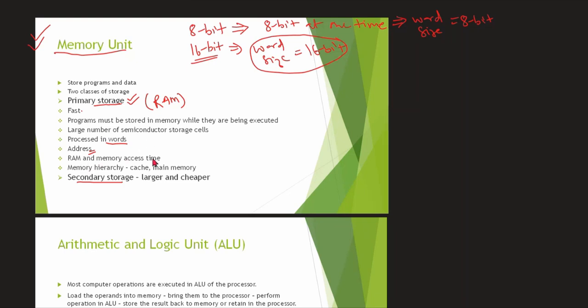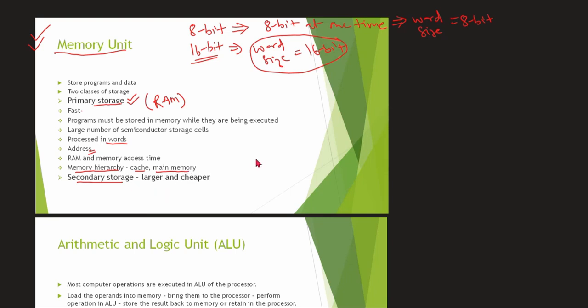So RAM and the memory access time. If you think of RAM, the secondary memory, and different memory categories, then in the memory hierarchy there is a cache memory, a main memory, and then the secondary memory.